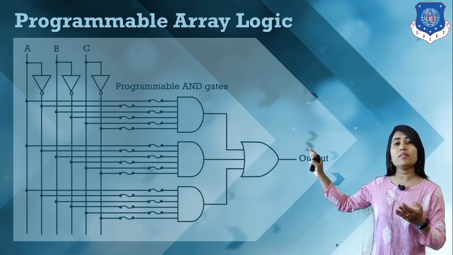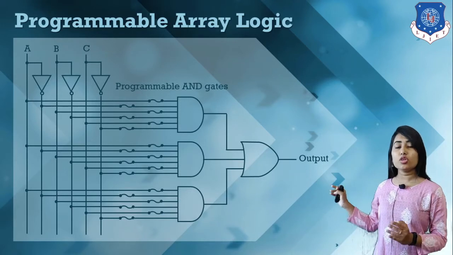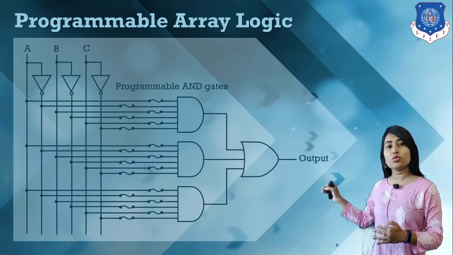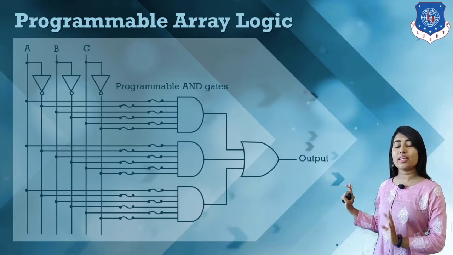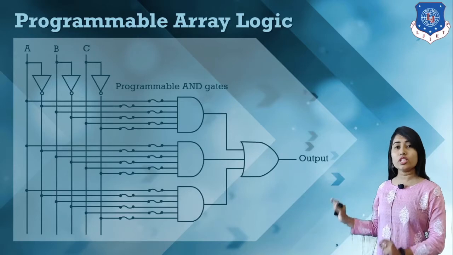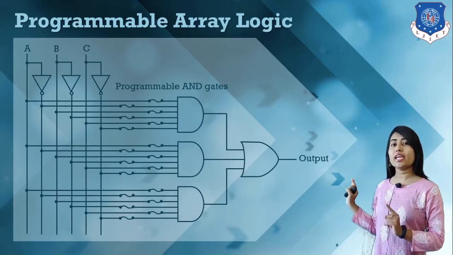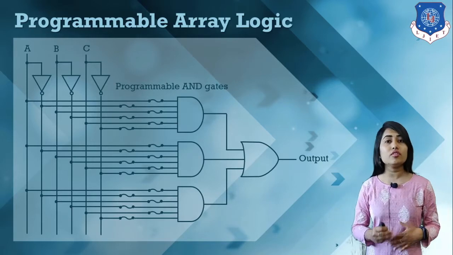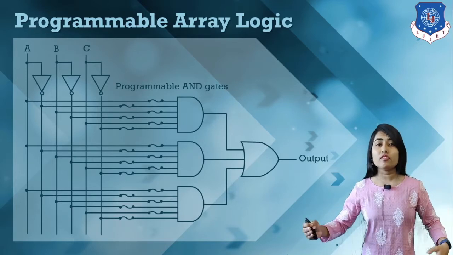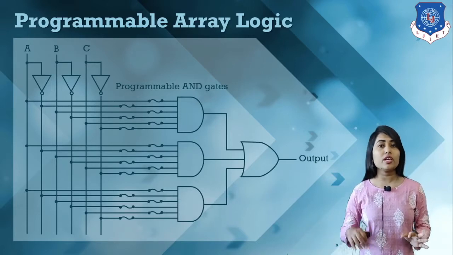Here we use 3 AND gates and 1 OR gate. This is a PAL circuit with 3 inputs, 3 AND gates and 1 OR gate. We have different kinds of PAL logic circuits, like 4 input, 5 AND gate, 2 OR gates.